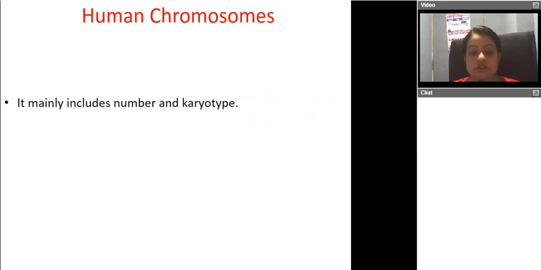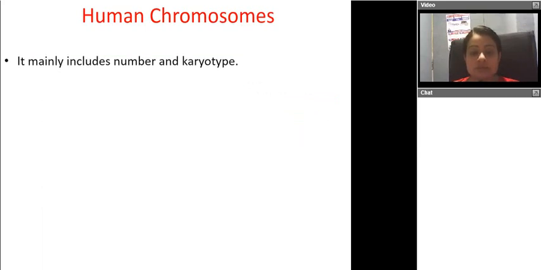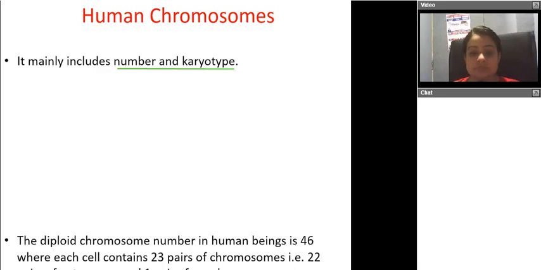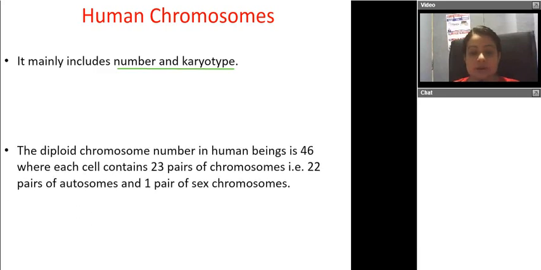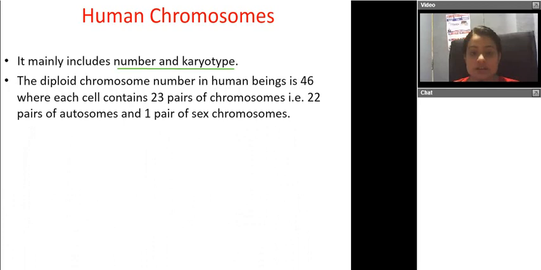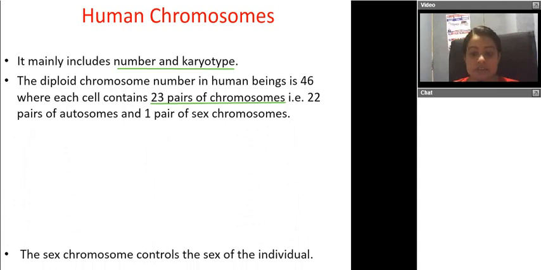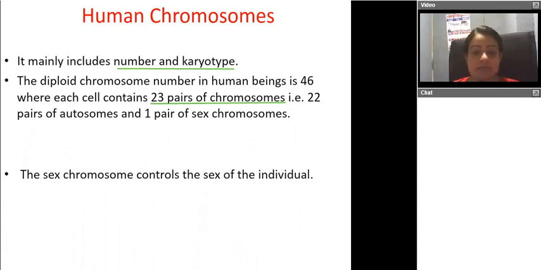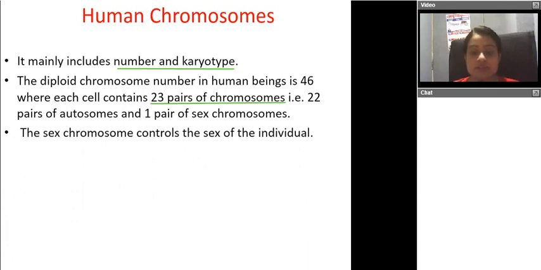Human chromosomes have many numbers and different karyotypes. The diploid chromosome number in human beings is 46. Each cell has 23 pairs of chromosomes, out of which 22 are autosomes and 1 is a pair of sex chromosomes. The sex chromosome controls the sex of an individual.